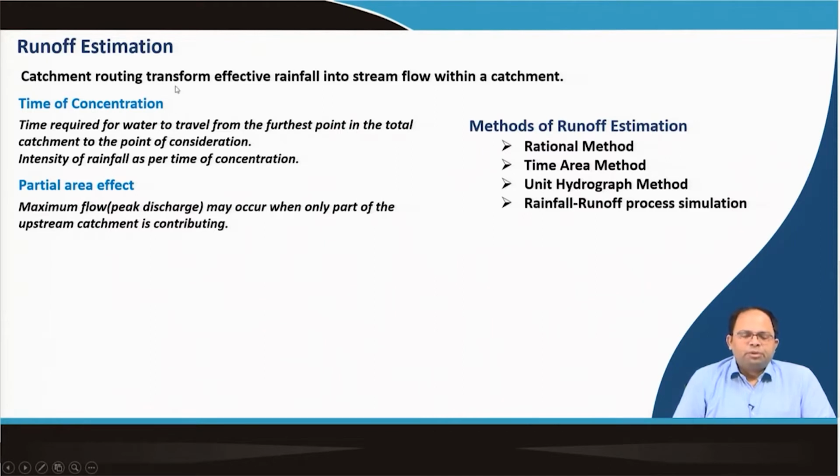So, catchment routing transforms effective rainfall into stream flow within a catchment. That means whenever rainfall falls on a catchment, some part of it moves over the catchment as runoff and then reaches the inlet point. This is called catchment routing.